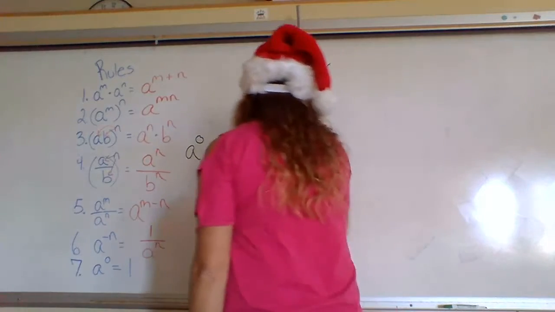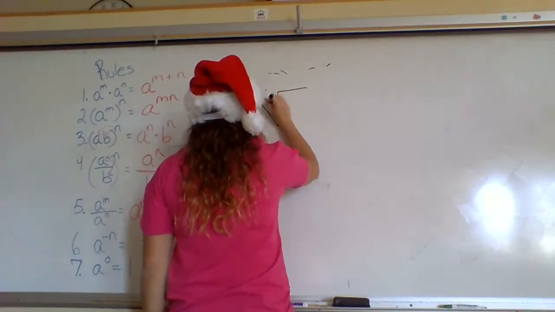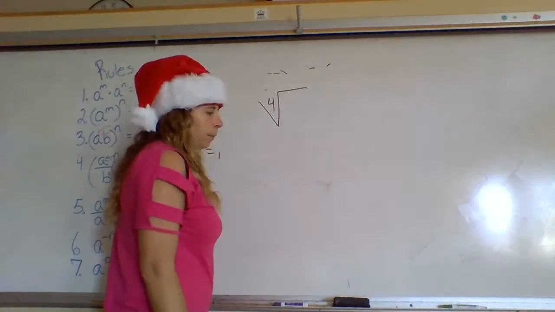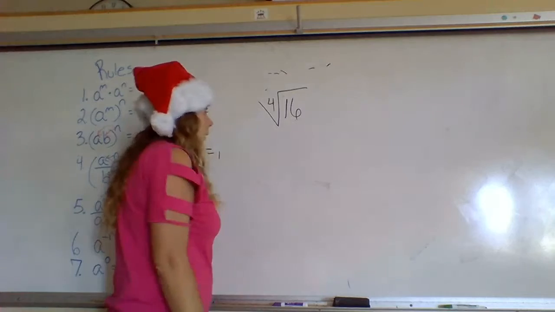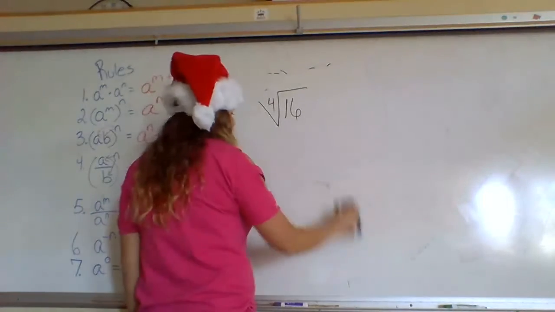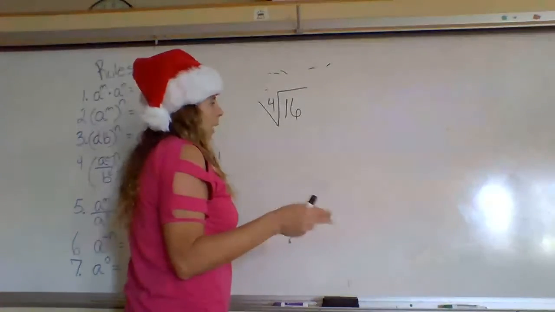So if you're taking an even root, 2, 4, 6, 8, 10, etc., it's going to be positive or negative. If I had the 4th root of 16, what number times itself 4 times is 16? It's 2: 2 times 2 is 4, times 2 is 8, times 2 is 16.